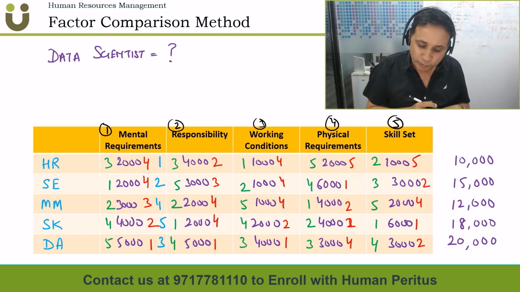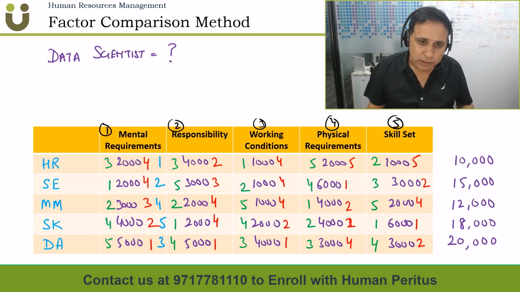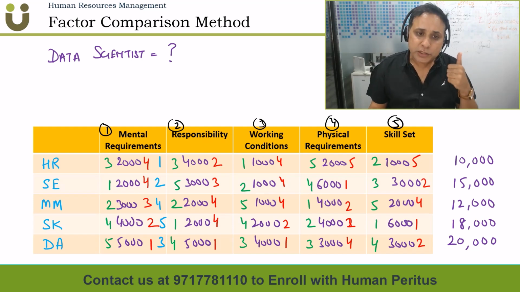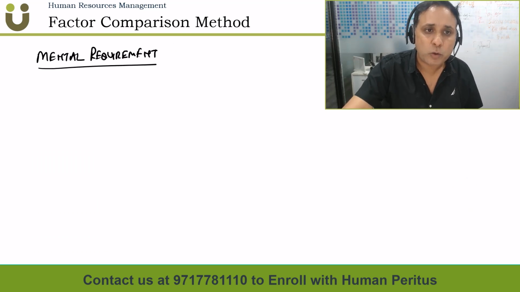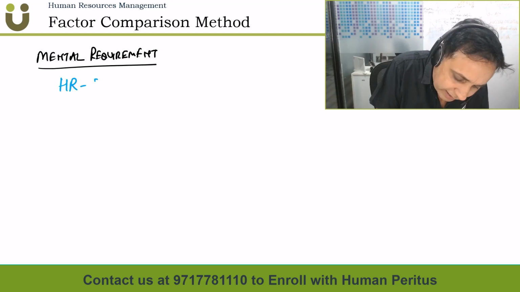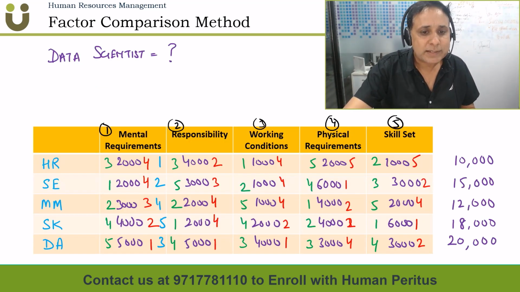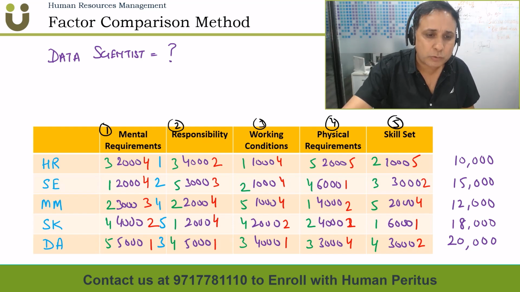So what I do is find that for mental requirement, HR's rank is 1. And how much? 2000. So under mental requirement, I write HR first and write 2000 in front of it. What is second? Second is software engineer, then 2000.